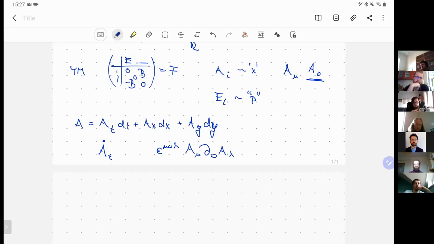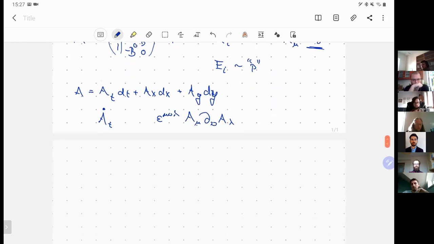So if t is on one of these indices, the partial can never have t, otherwise it will be zero. So it turns out that this just enters as an auxiliary field, as a Lagrange multiplier, and the only fields carrying dynamics are x and y.